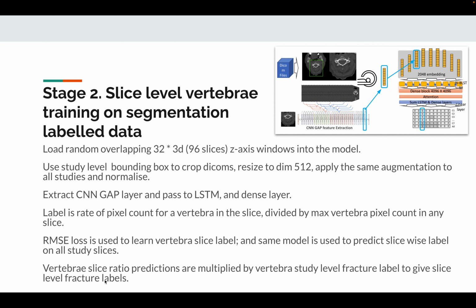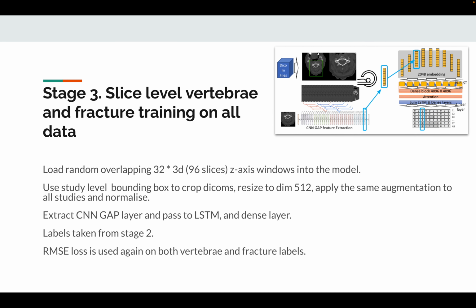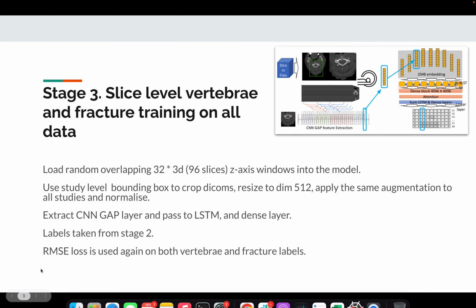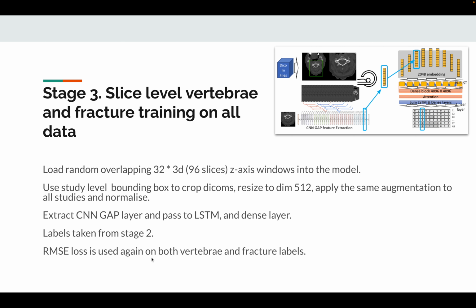We take that data that we've predicted and we train a second model where, again, those 32 by 3D 96 slices along the z-axis, we randomly take them out of different studies, crop out the image again, resize to 512, extract the GAP layer, and pass into the CNN. We take those labels from stage 2 that we talked through, and we use RMSE loss to learn the vertebrae and fracture labels on all the data.